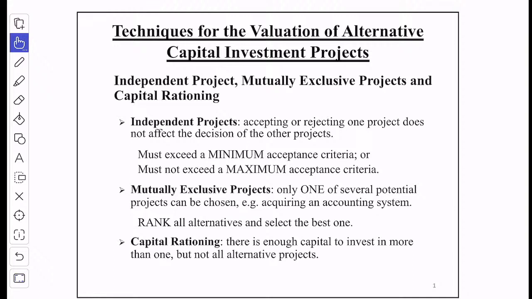So this is what we're going to focus on now, choosing among alternative investment projects and using different criteria for it. And you guys can let me know if you've learned this before, but you've learned net present value, and we're going to begin with the net present value rule for helping decide if you should invest in a project or not. But we're going to go beyond that.